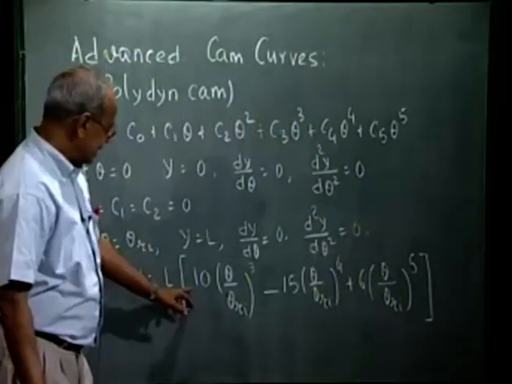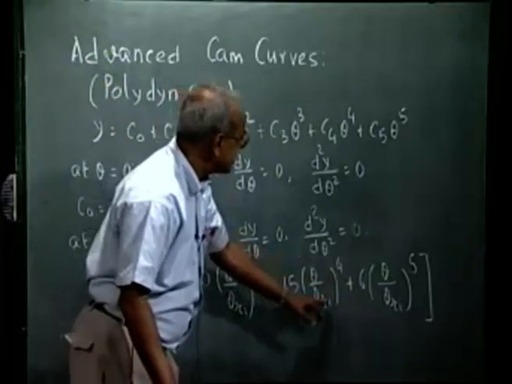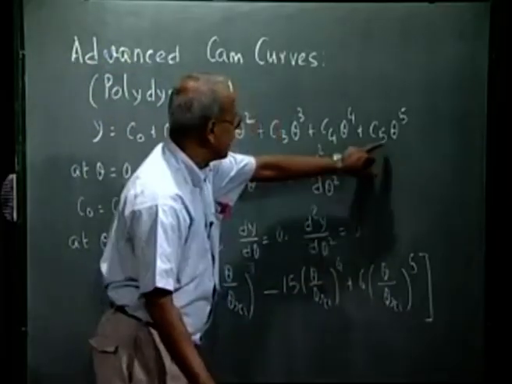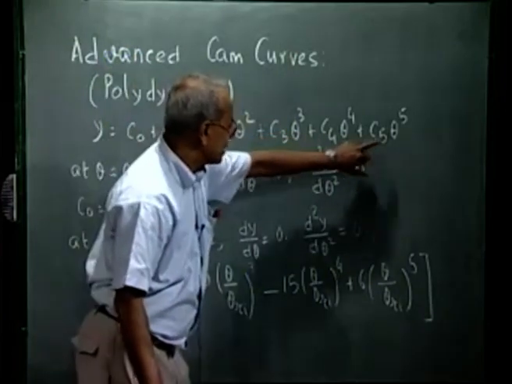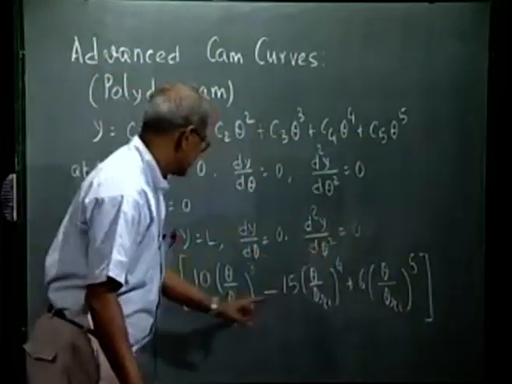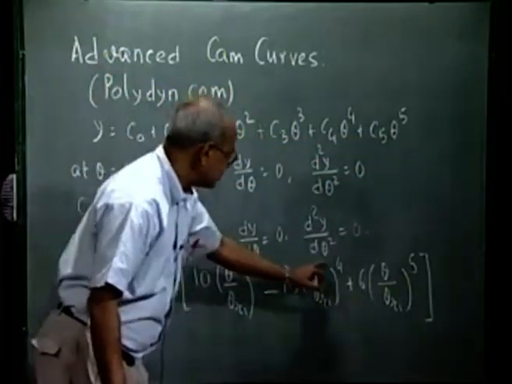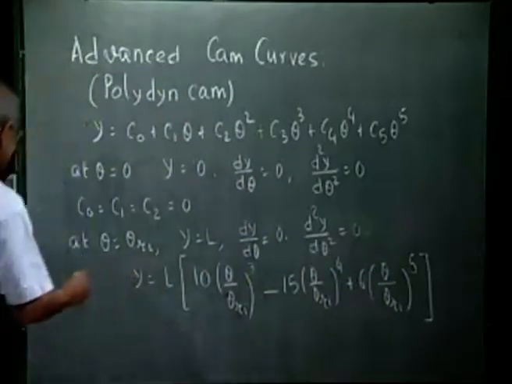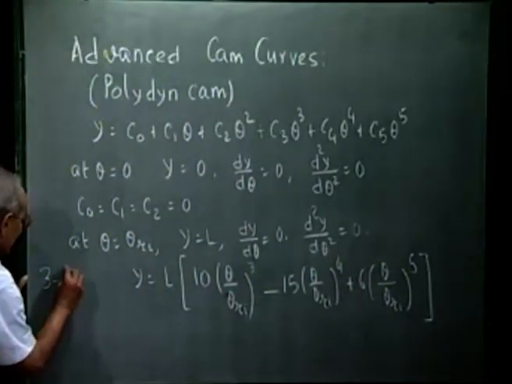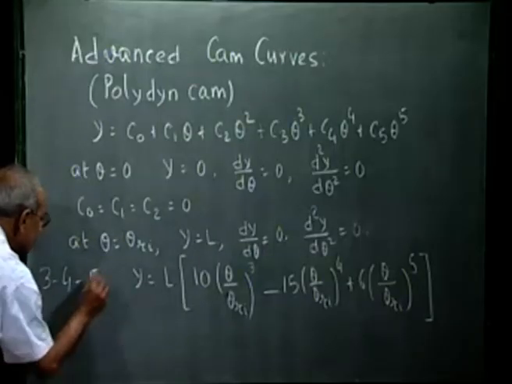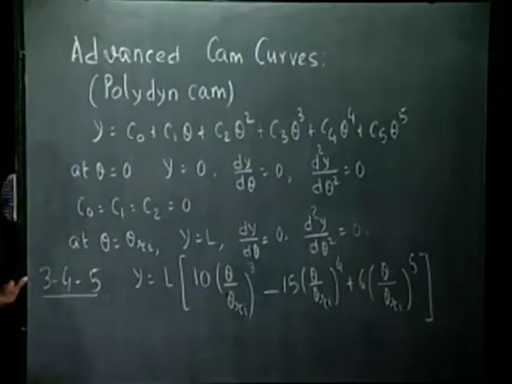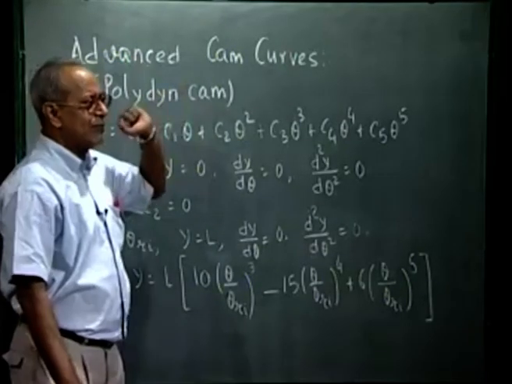The coefficients 10 by theta Ri cubed, 15 by theta Ri to the 4 and 6 by theta Ri to the 5 you can solve for C3, C4 and C5 using these three conditions. As the third, fourth and fifth order terms are remaining, this is called a 3, 4, 5 curve. So this is what we call advanced cam curve.